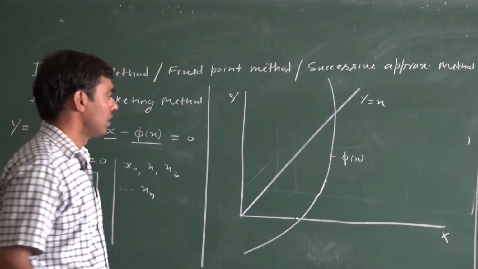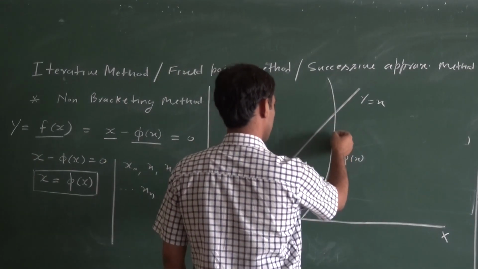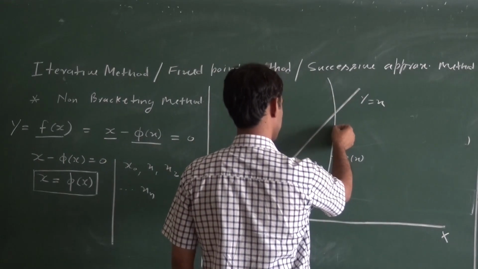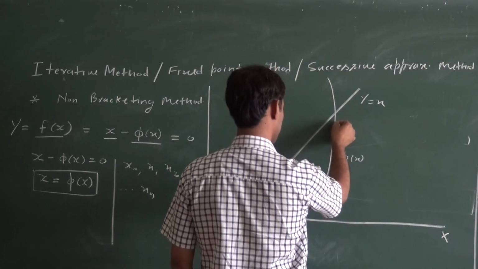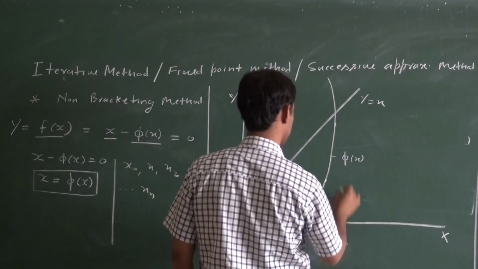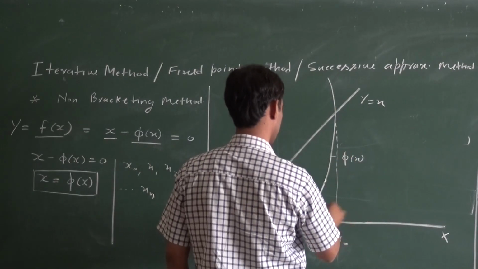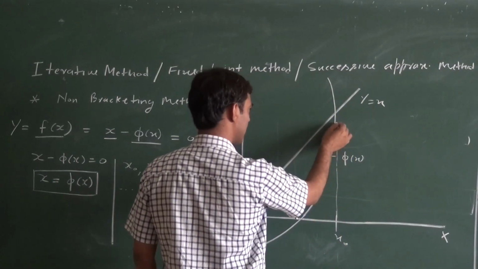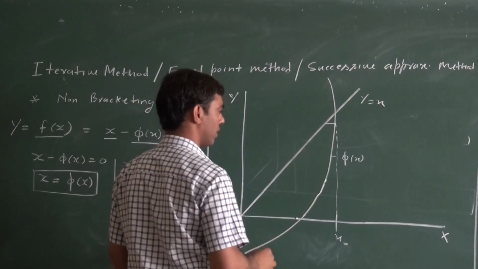Now, if we choose an initial value x0, what will happen? The point of intersection with y equal x is this one.